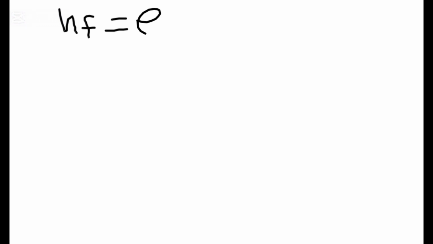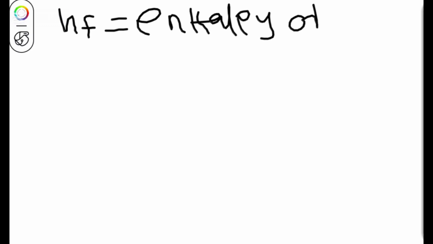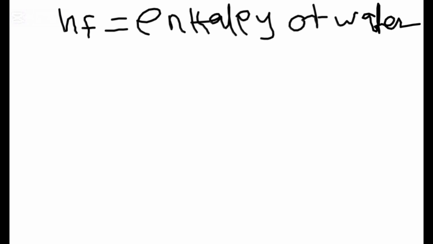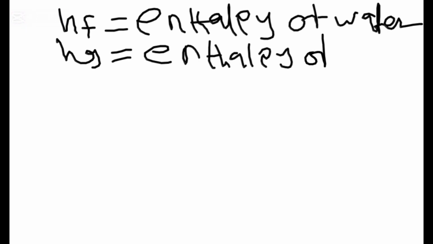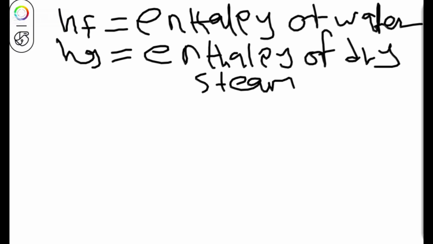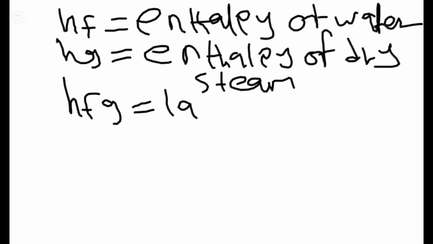And I want you to know something. We have hf, which is nothing but the enthalpy of water. And we have the hg, which is the enthalpy of dry steam. And we have the hfg, which is the latent heat.